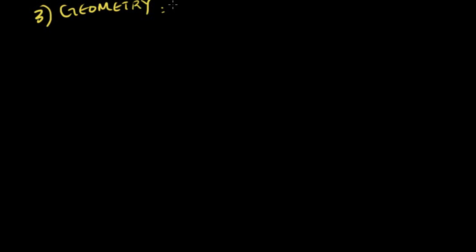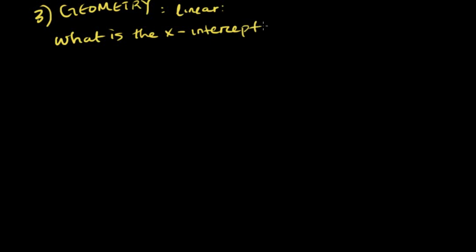We have spherical trigonometry, we have trigonometry, we have circle geometry, we have coordinate geometry, or the linear geometry, which is the one that we're going to treat now. So linear. Okay, so let's assume that you want to solve this question. What is the x-intercept of the equation?